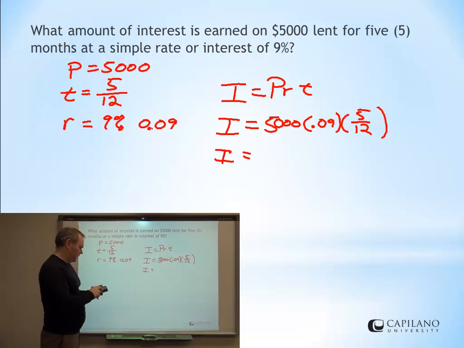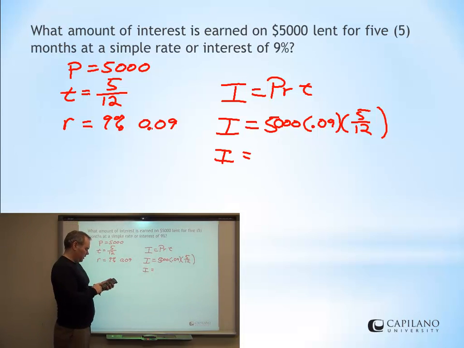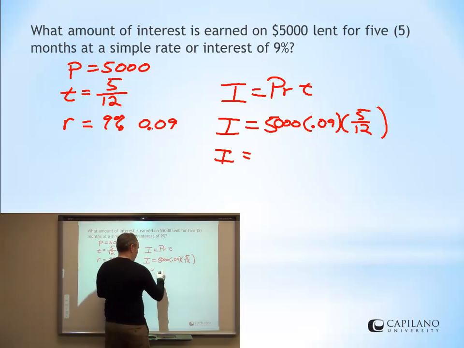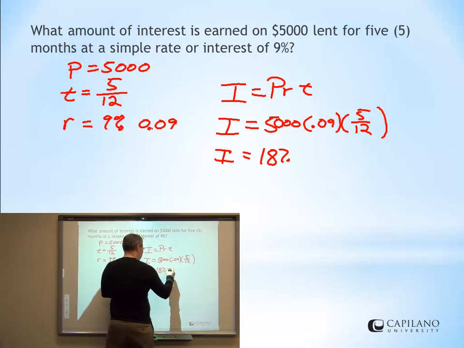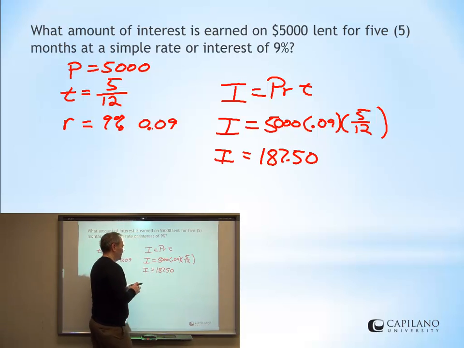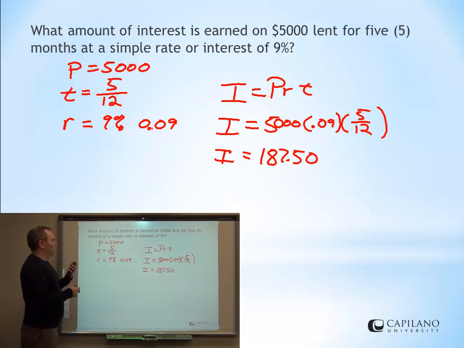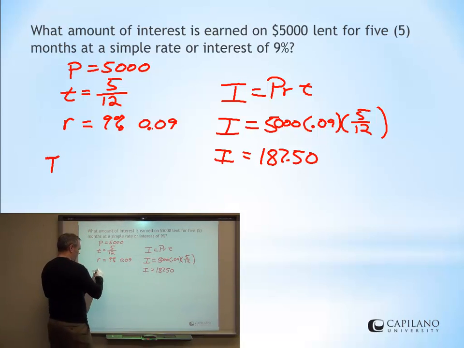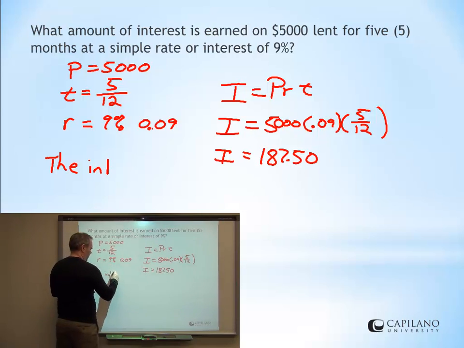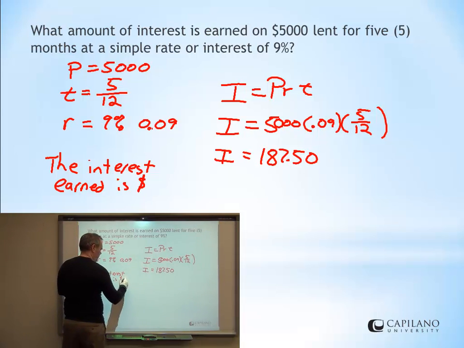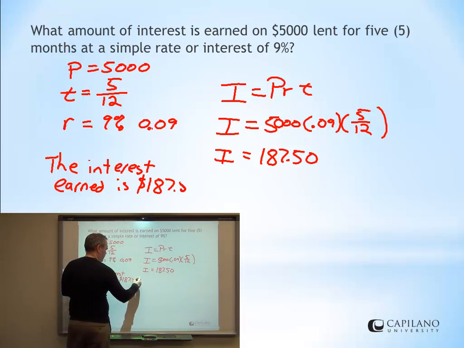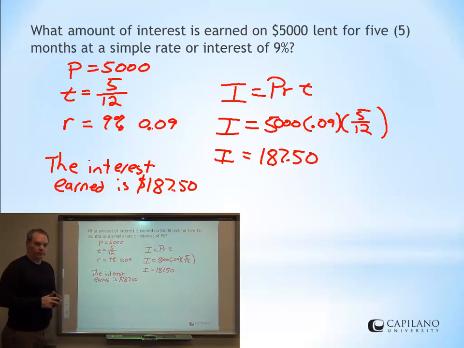So the interest amount is $5,000 times 0.09 times 5 divided by 12, $187.50. Okay? So what amount of interest is earned? The interest earned is $187.50.